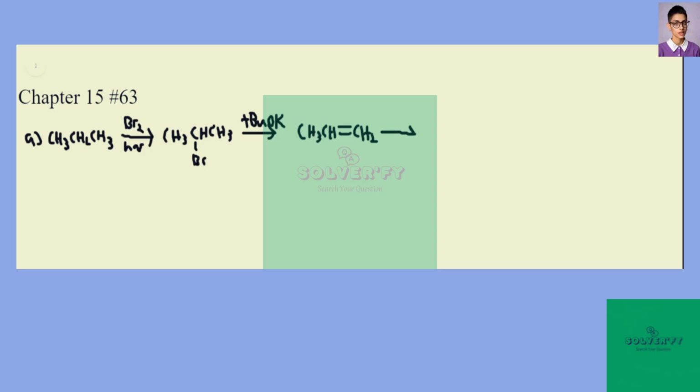And then we can take our alkene and install two bromines by just using bromine, elemental bromine. And then now we can use a strong base.